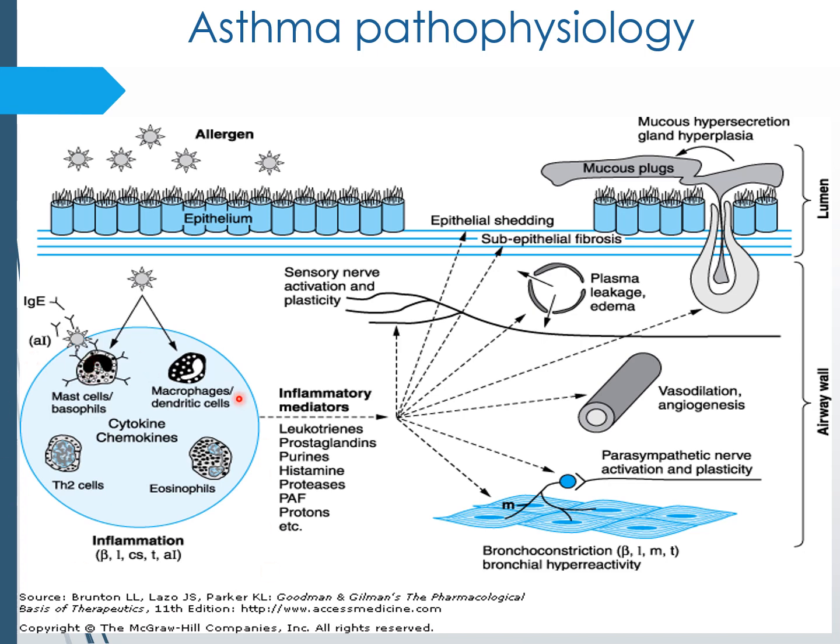These cells become activated and secrete various inflammatory mediators, listed here, that trigger responses in the airways and lumen. It triggers bronchoconstriction or bronchial hyperactivity, plasma leakage, edema, and also epithelial shedding or subepithelial fibrosis.